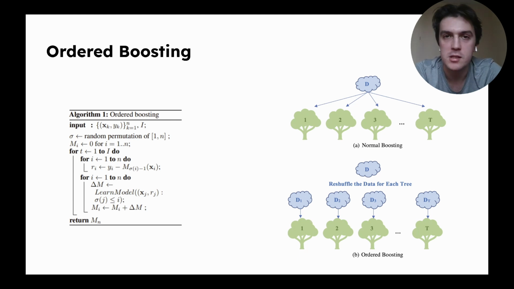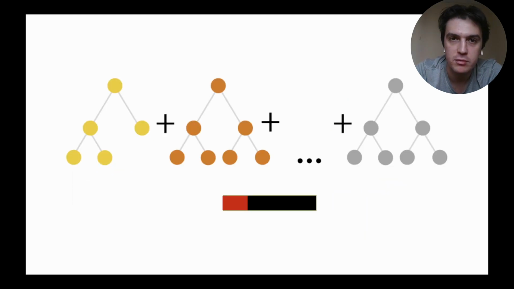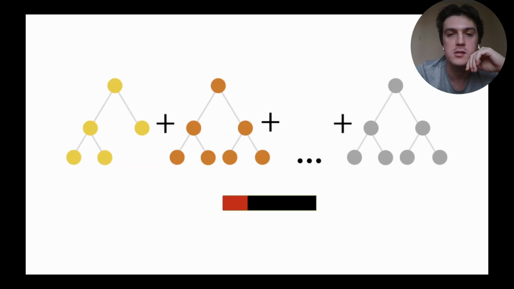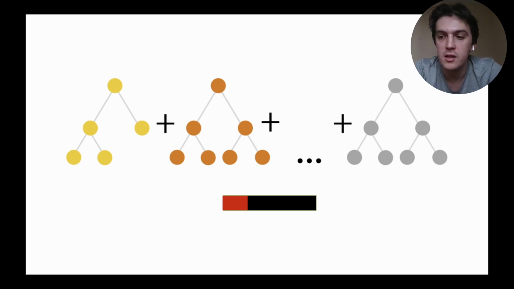That's what CatBoost does. And as you might imagine, that is slower than normal boosting, but it's supposed to reduce overfitting and reduce noise in your model. So the idea is that the improvements in the quality of the predictions are going to outweigh the negative performance loss.